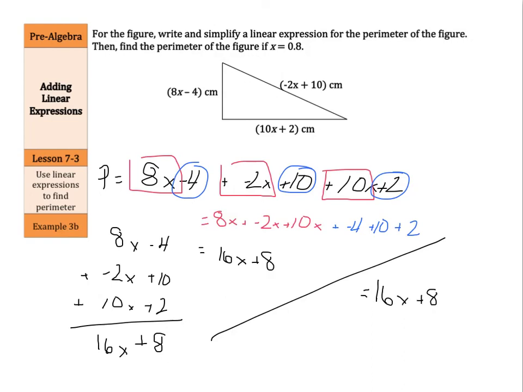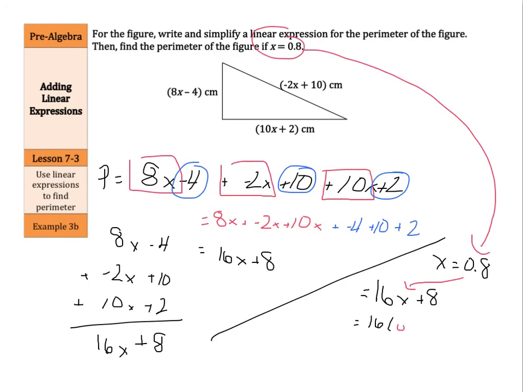And we're being told that x is equal to 8/10. So we need to take that 8/10 and substitute it in for x and solve. So 16 times 8/10 plus 8. 16 times 8/10 is 12 and 8/10 plus that 8.